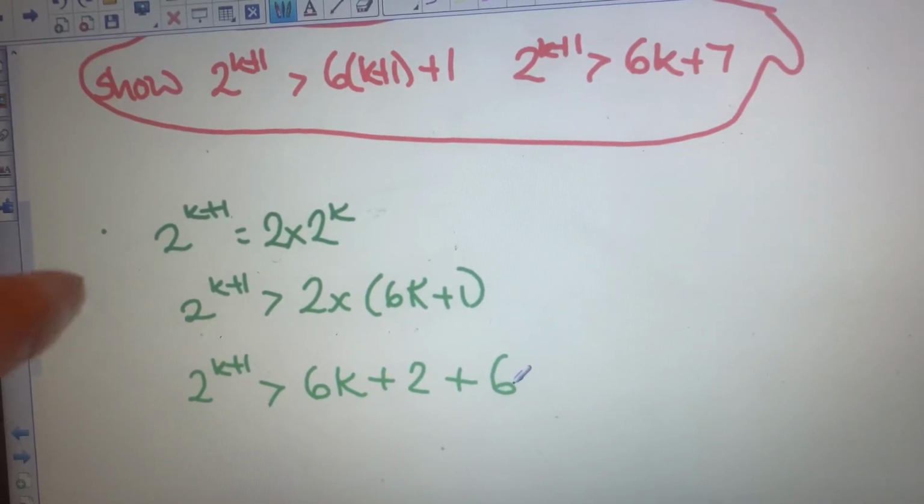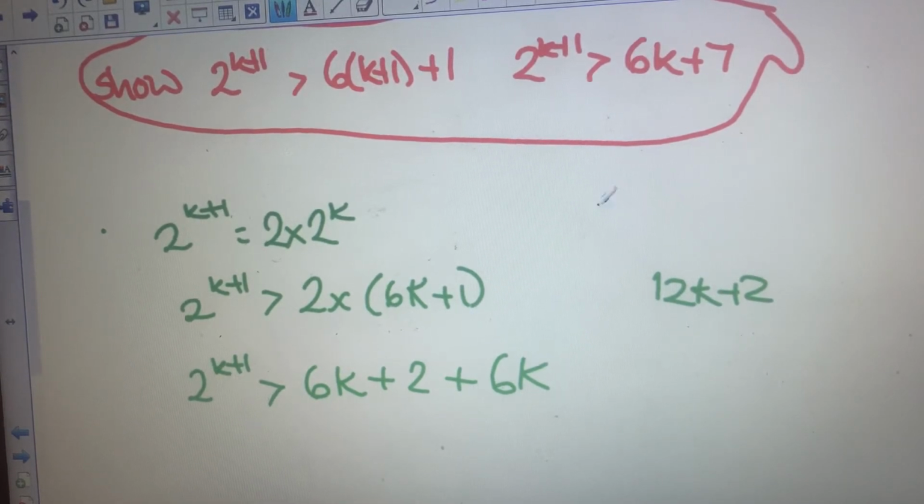If I expand that bracket, I'm going to get 12k plus 2. I've just chosen to write that here because it's easier to compare with the 6k plus 7. Now, we want to show that 2 to the k plus 1 is greater than 6k plus 7.